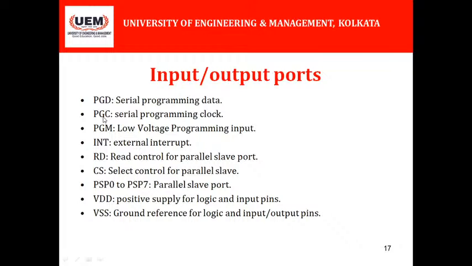There are a total of 8 parallel slave ports. VDD stands for voltage, as you all know. It is a positive supply for logic and input output pins. VSS stands for ground reference for logic and input output pins.